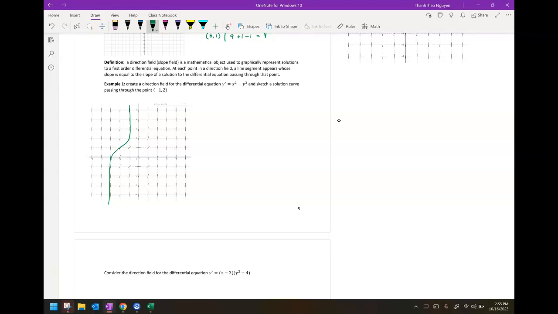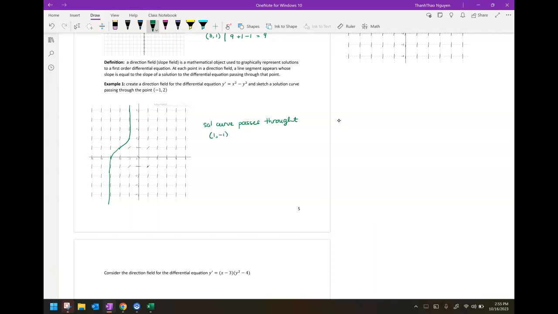Let's see if I want the solution curve that passes through the point, say, negative 1, negative 1. So what about the curve that passes through 1, negative 1?